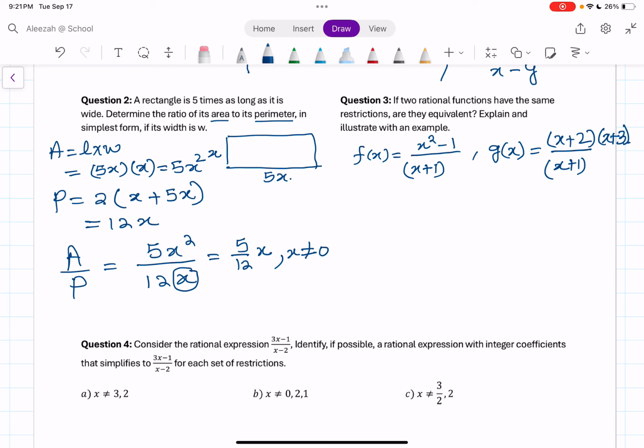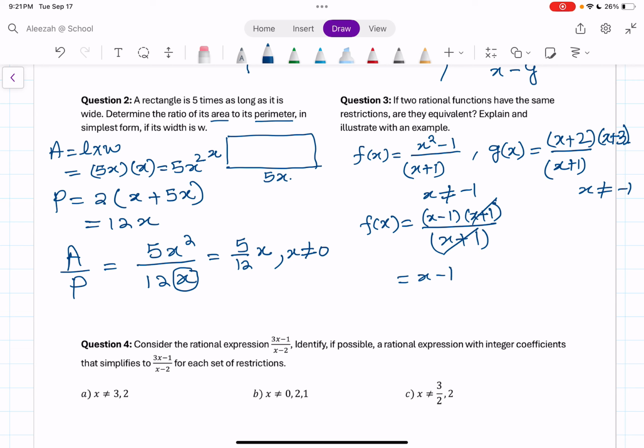The restriction for this one is x is not equal to -1, and x is not equal to -1 for the other. But if I simplify f of x, if I factor it out, it will be x minus 1 and x plus 1, divided by x plus 1, and that cancels out, and I'm left with x minus 1.